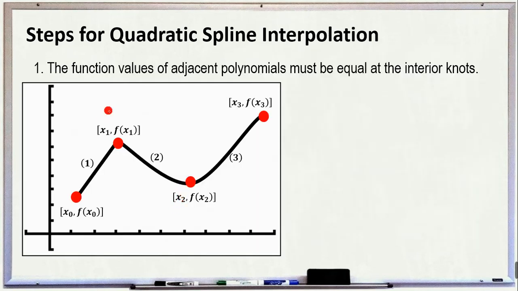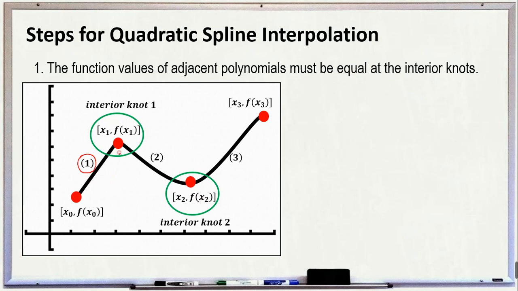Now, first step, the function values of adjacent polynomials must be equal at the interior knots. And these are our interior knots with coordinates x1, f of x1. Then the second interior knot, we have x2, f of x2. Now, the first quadratic spline and the second have a common point at interior knot number 1.